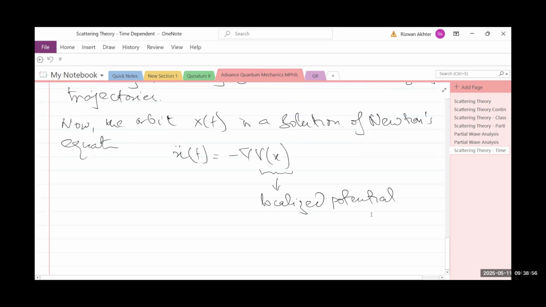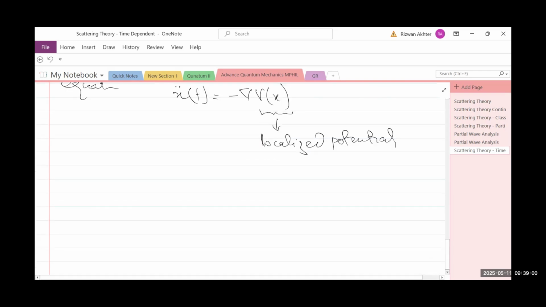So we just say that this is some sort of generic scattering experiment, where we have a particle coming from very far away at t equals minus infinity along some trajectory which is assumed to be free.